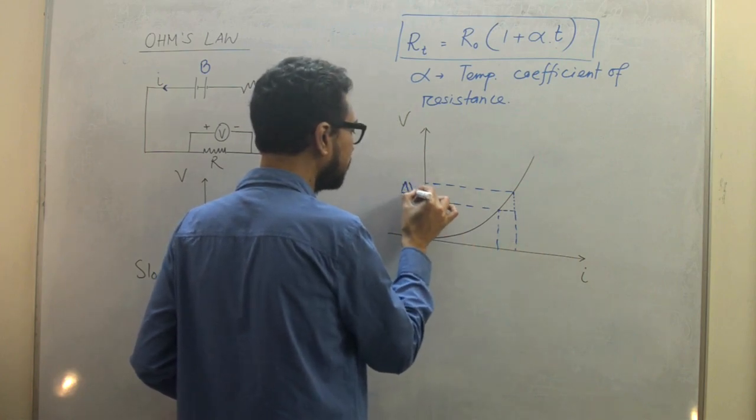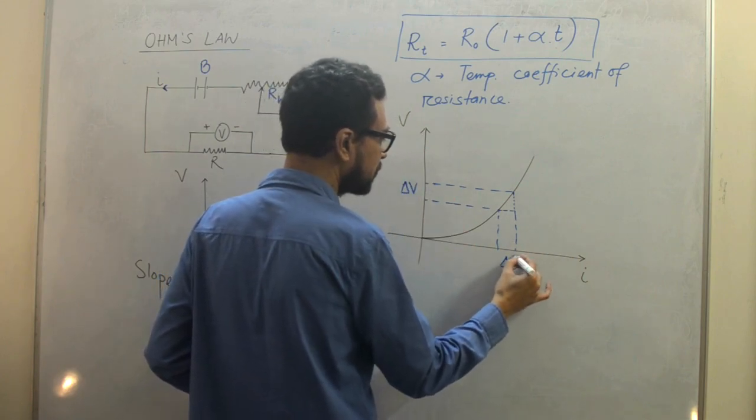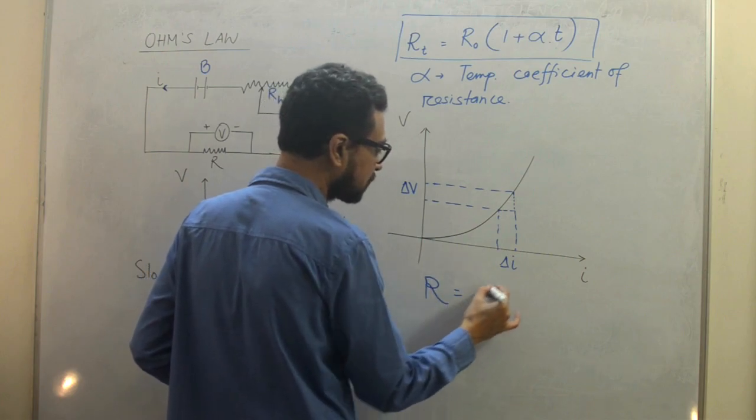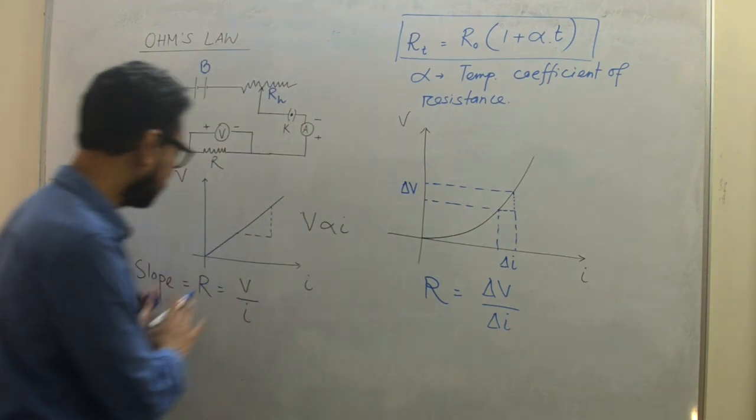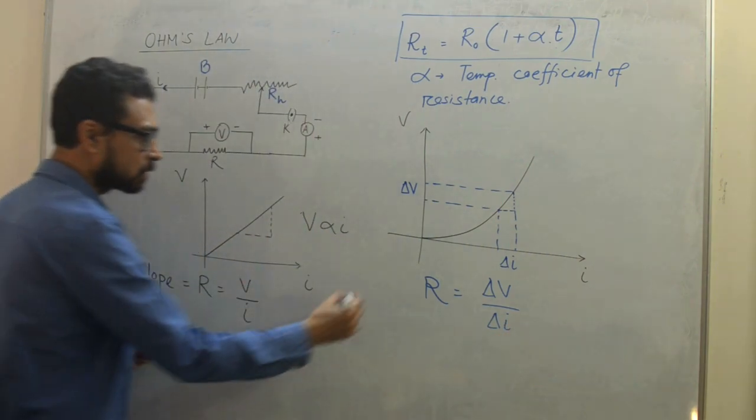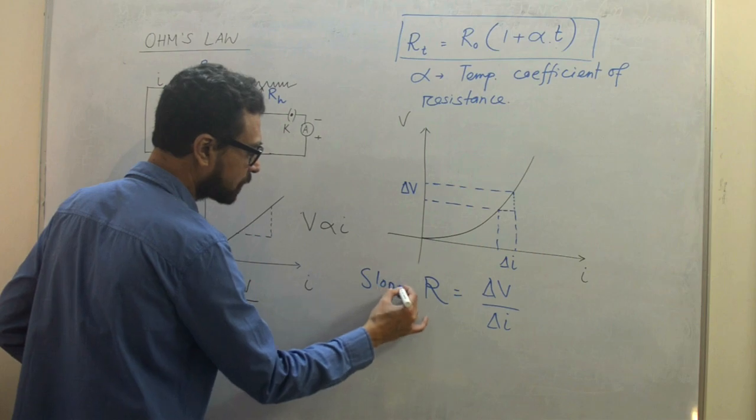So this gives me the change in potential, this gives me the change in current, and the resistance is given like this. You see the difference between these two: the slopes from these two different graphs are different.